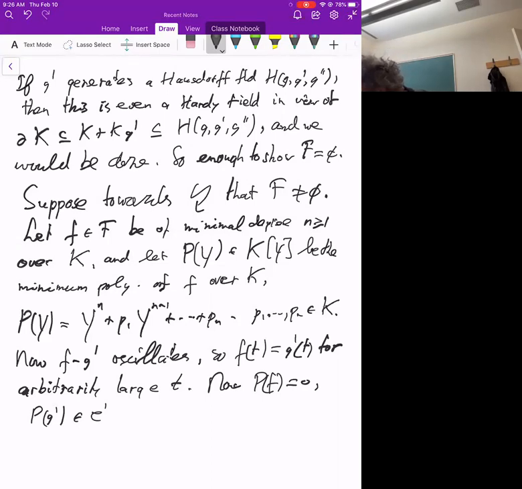Let me see. P(f) being 0 of course means that when you plug in t, for sufficiently large t this is going to be 0, but it's also equal to P(g prime) evaluated at t for arbitrarily large t.